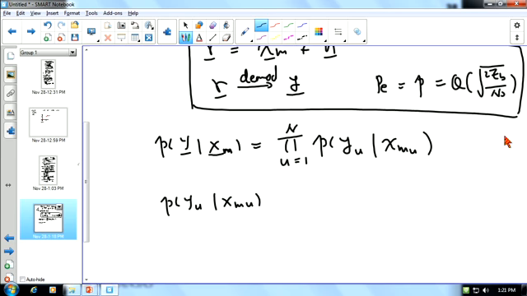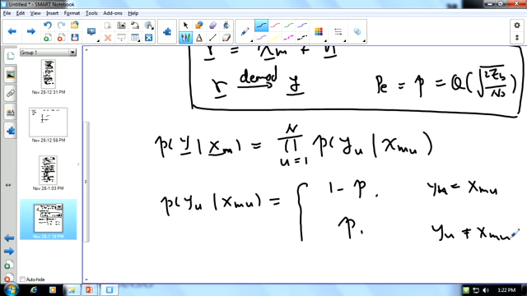We have actually two possibilities. Keep in mind yu here could be 1 or negative 1, and xmu here could be 1 or negative 1. If yu and xmu are the same, then which means we do not have an error. So there are two conditions. It could be either 1 minus p if yu equals xmu, or p if yu does not equal xmu.